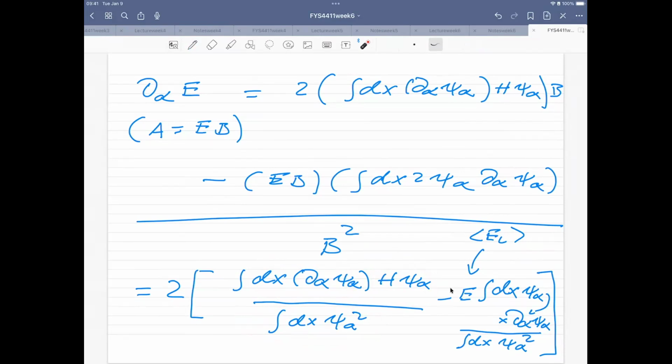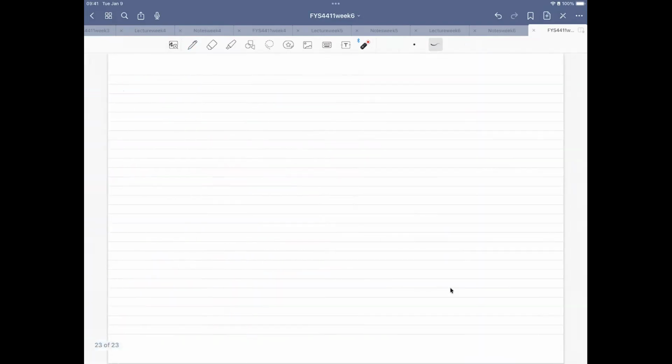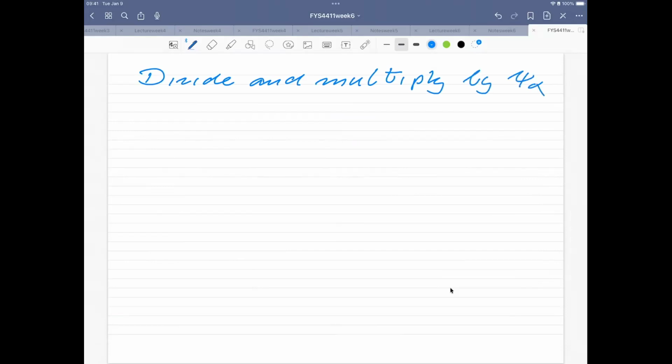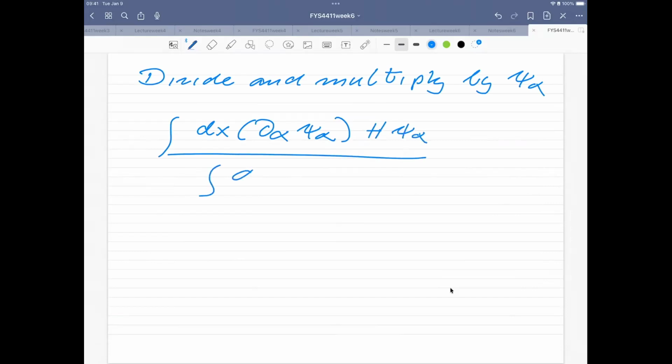So what we are going to get when we now bring everything together. Let me just do this intermediate step here: divide and multiply by psi alpha. If you look more carefully at this equation, the first term is an integral dx of d alpha psi alpha multiplied with H psi alpha, divided by the norm, the integral dx of psi alpha squared.